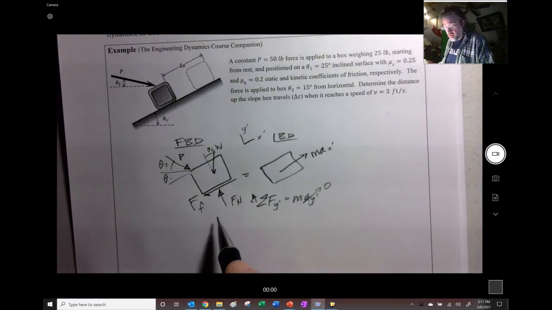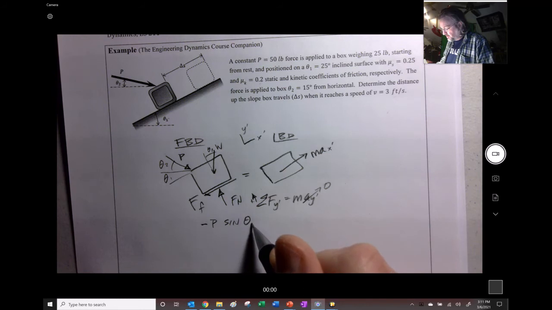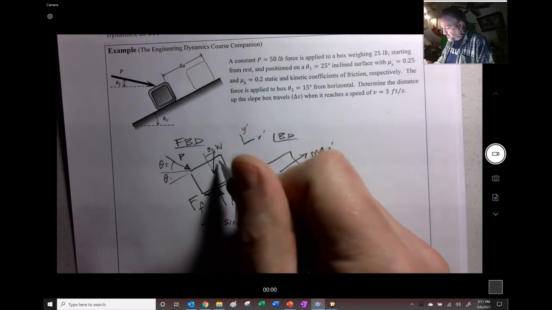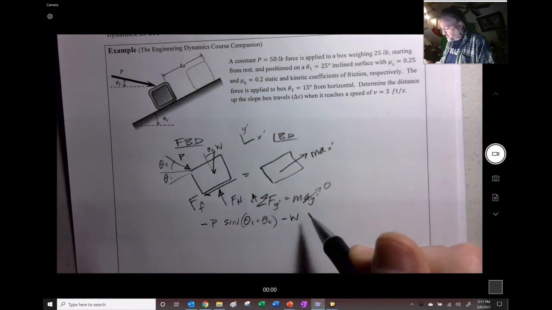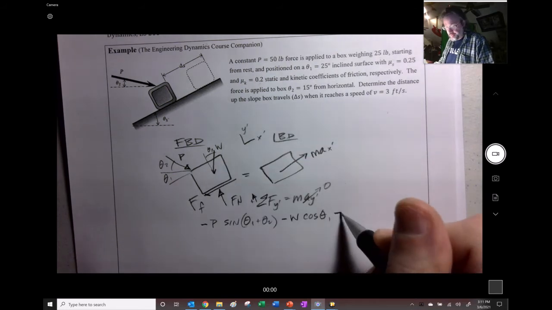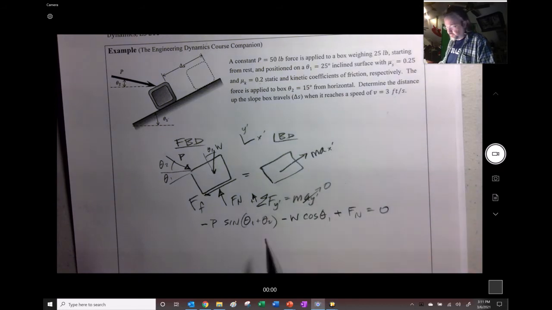So we go negative P times the sine of theta 1 plus theta 2, and then minus W, the weight, times the cosine of theta 1, and then plus Fn equals 0. We stick all that into there.